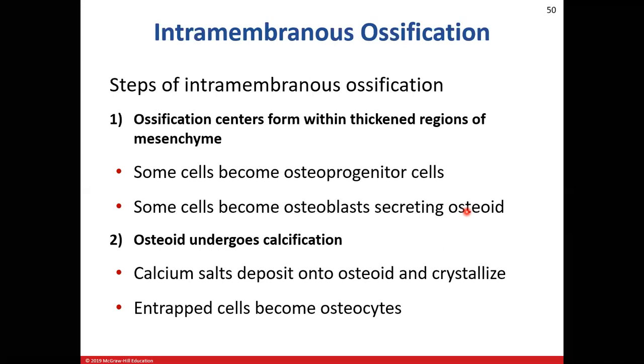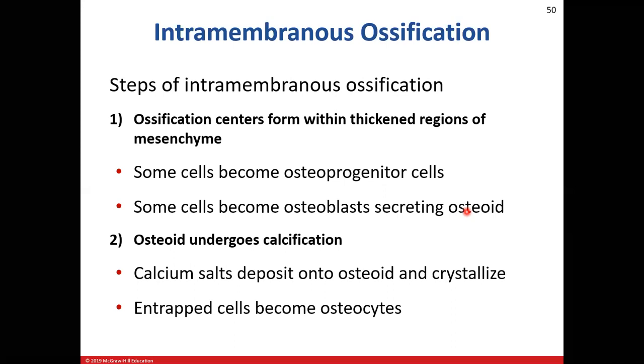We're going to see some of our cells become osteoprogenitor cells, and some of the cells are going to become osteoblasts. And again, we'll have these osteoblasts begin to secrete this osteoid matrix. The osteoid will undergo a calcification as it goes from kind of a more liquid substance to a hardened substance. And it does this by having calcium salts deposited into the osteoid.